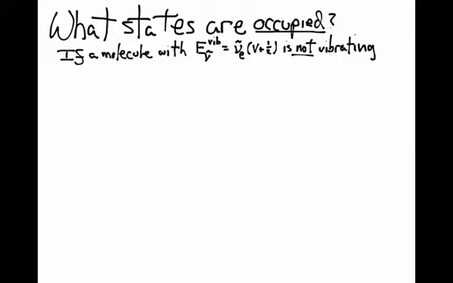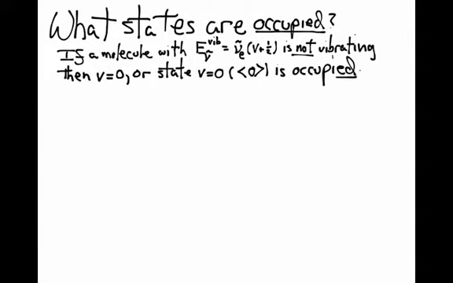And if that molecule is not vibrating, which as we'll see in a second is typically true, then we say the V equals 0 state is occupied, or we could use a bracket around 0 and say that is occupied. We identify a specific state by a specific quantum number, and if that molecule is doing or not doing that thing, which in this case is vibrating, with a certain quantum number in the vibrational motion, then we say that state is occupied or not occupied.